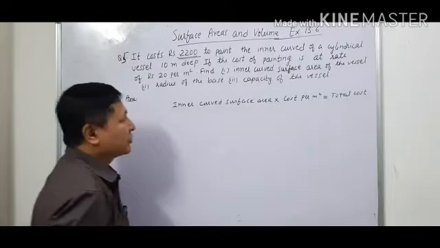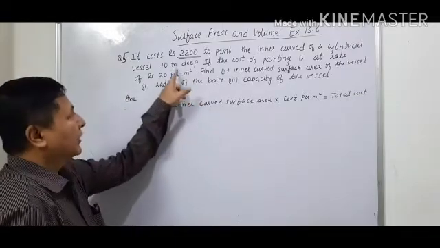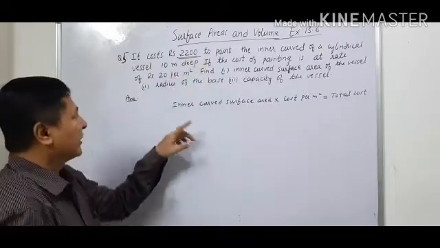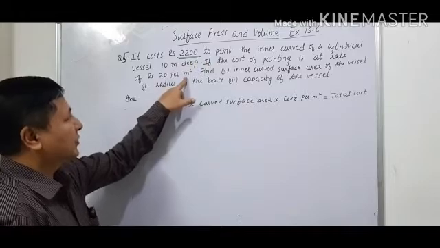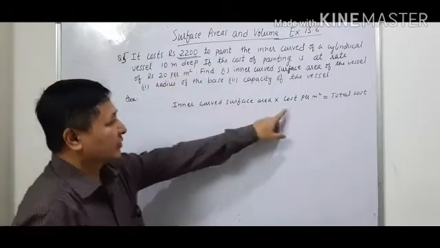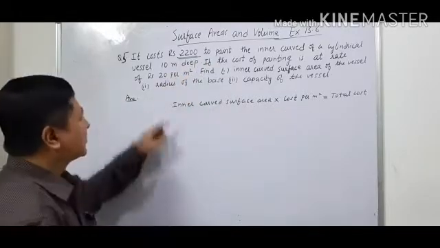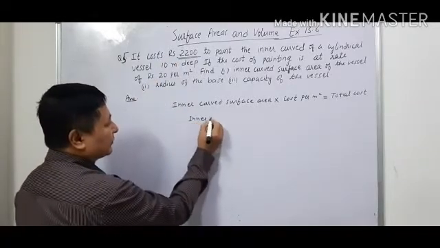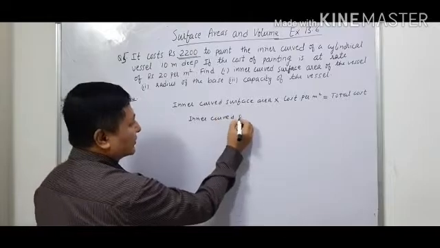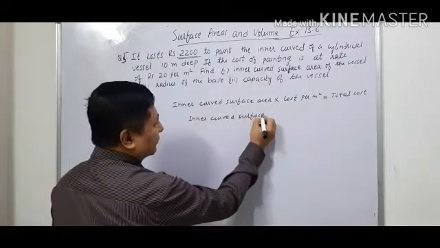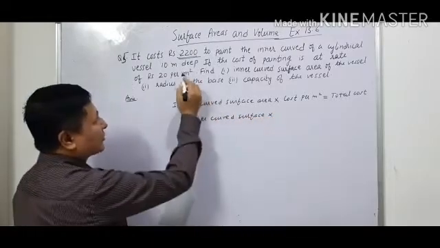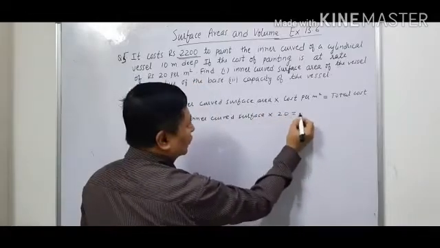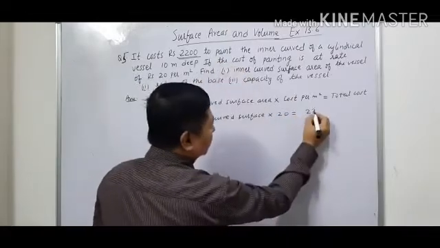The cost per meter square is rupees 20 and the total cost is rupees 2200.